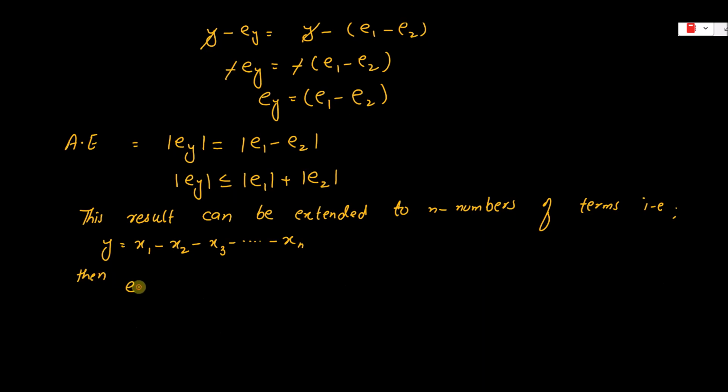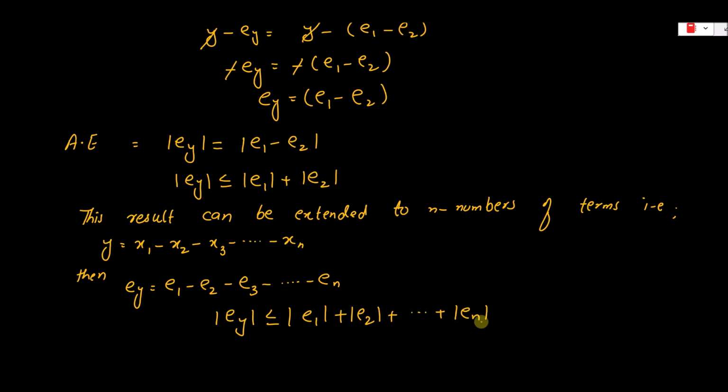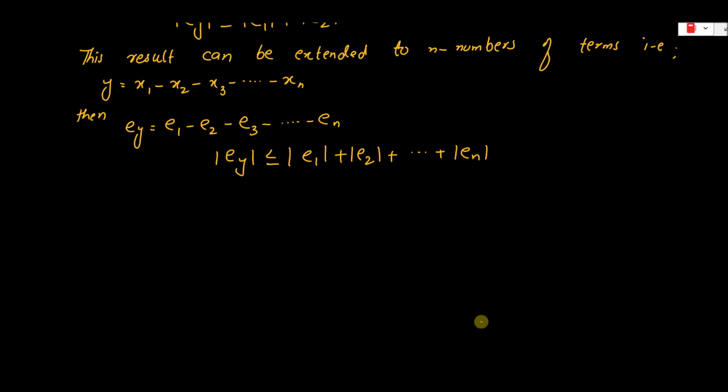Then ey is equal to e1 minus e2 minus e3 and so on up to negative en. So when we apply the absolute error, ey is less than or equal to e1 plus e2 and so on up to en. This is the same case as previously we did in the addition. So the result will be the same.